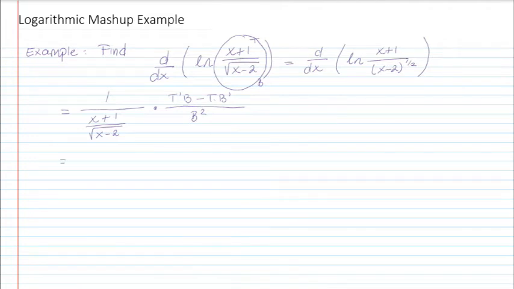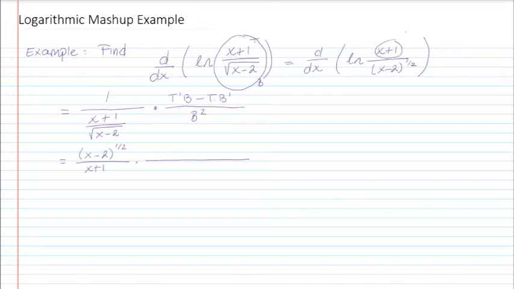So what does that turn into then? Well, let me clean up the first part. I'm going to rewrite square root of x minus 2 as x minus 2 to the power of 1/2, divided by x plus 1. Remember that when I divide by a fraction, it's the same as multiplying with its reciprocal. And then times, well, what was my top? My top was x plus 1, right?